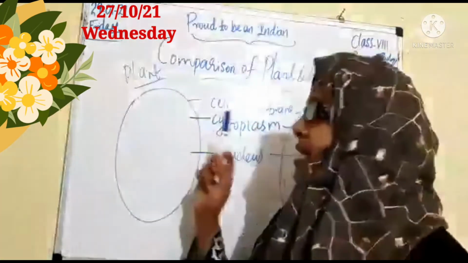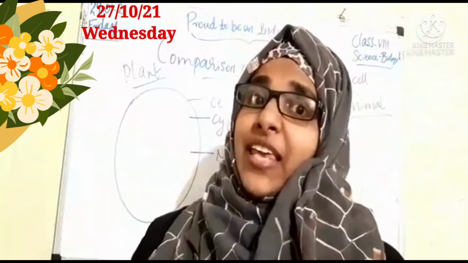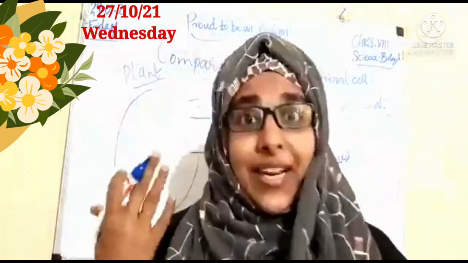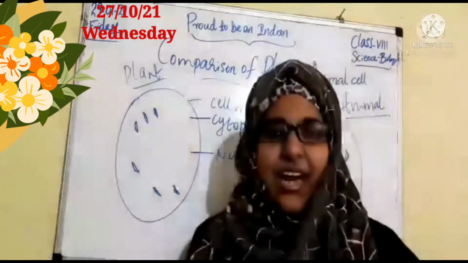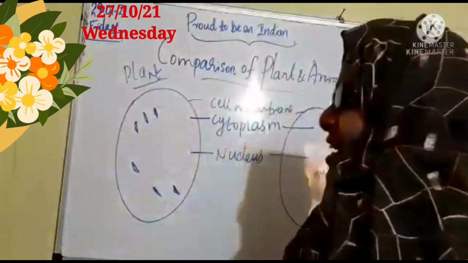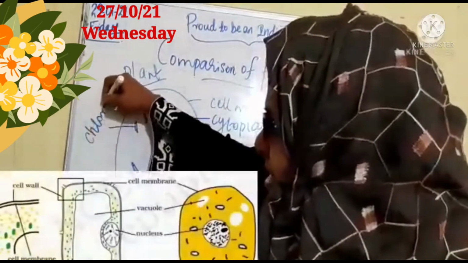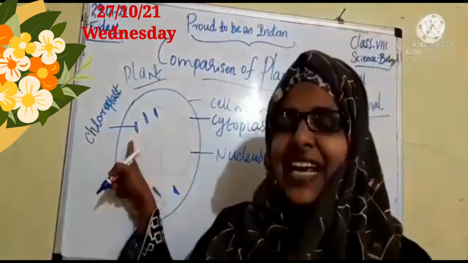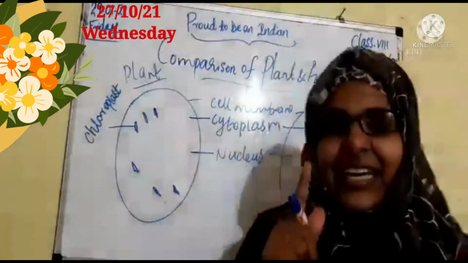Okay, and in plant cell, other than these organelles, we can see plastids. Plastids are of different colors. Okay, we can see here some plastids are green in color. These plastids we call chloroplast. It is seen in the cytoplasm of plant cell and it is green in color.